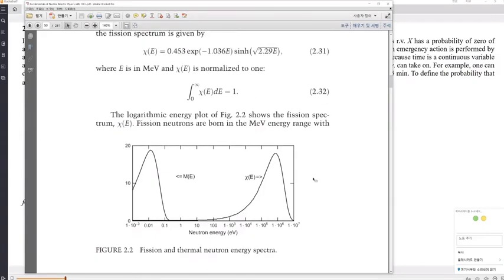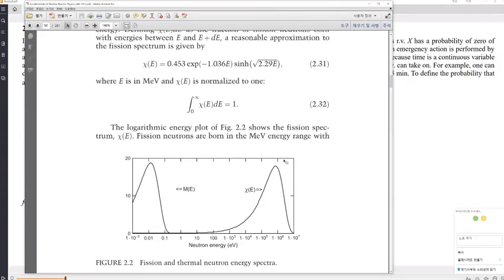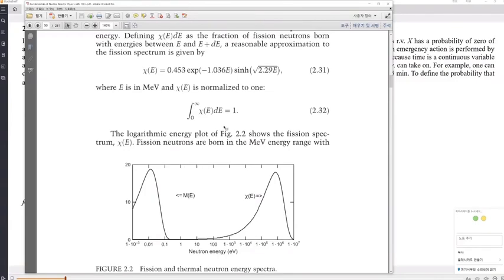For example, chi is the energy distribution of fission neutrons. So chi of E, dE is the fraction of fission neutrons with energies between E and E plus dE.